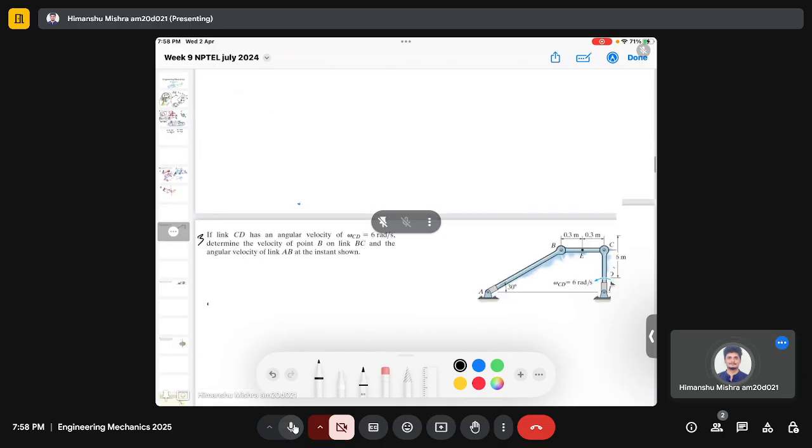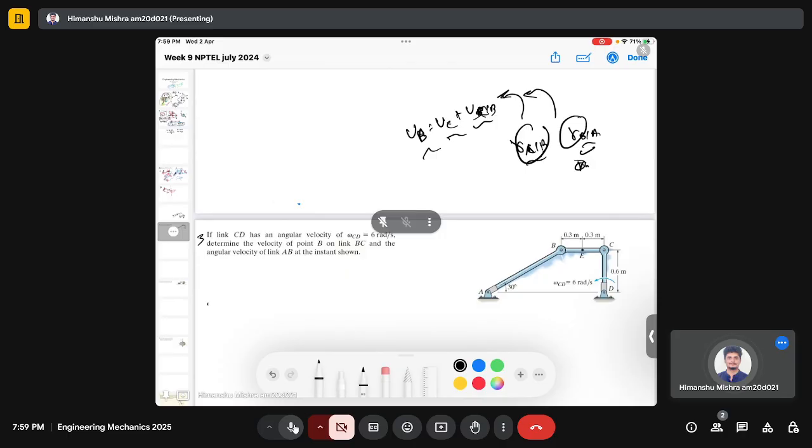It looks like the previous problems that we have discussed, that if we are given 2 points, then we can use this relation. The only thing is we solve this problem by using the instantaneous center. So first we will identify the various position vectors, and once we identify these position vectors, we can use this equation.